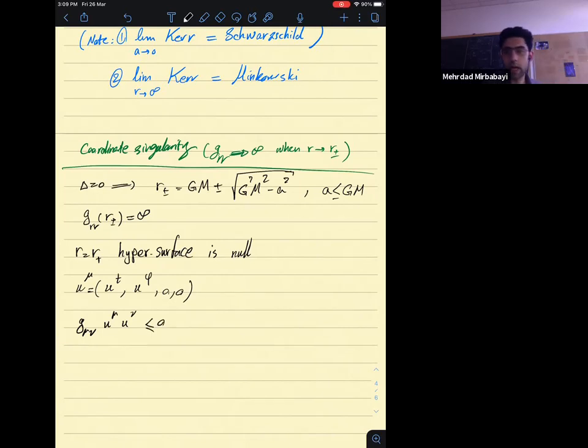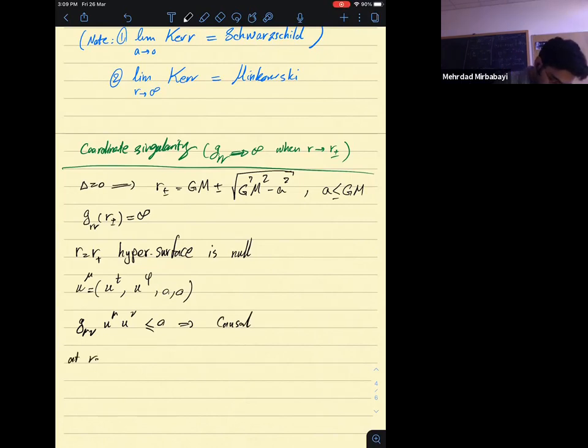If it is massive, it has to be less than 0. If it is null, then it will be 0. So if you plug it into that metric and evaluate this quantity, you will get this, and then you call it causal.